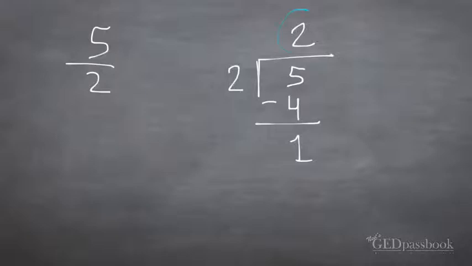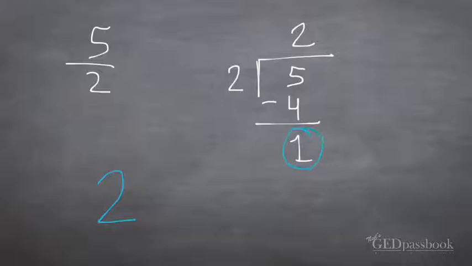You look for your 3 numbers, and what you end up doing is rearranging them into a mixed fraction. This is what we do. The number that you get as your answer when you're dividing becomes your whole number.